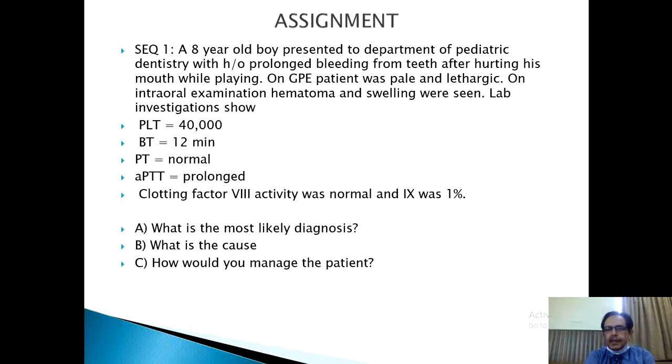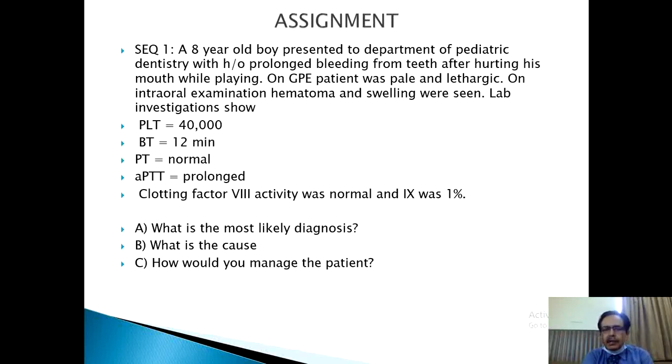An 8-year-old boy presents to the Department of Pediatric Dentistry with a history of prolonged bleeding from teeth after hurting his mouth while playing. On general physical examination, the boy is pale and lethargic.